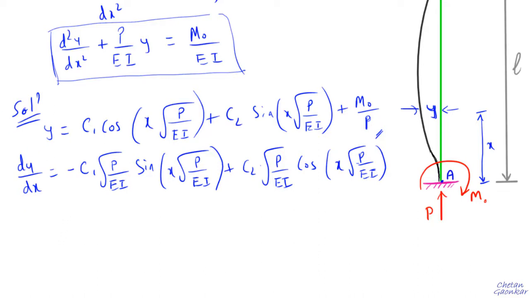That is, at x equal to 0 at this end, we have dy by dx equal to 0.